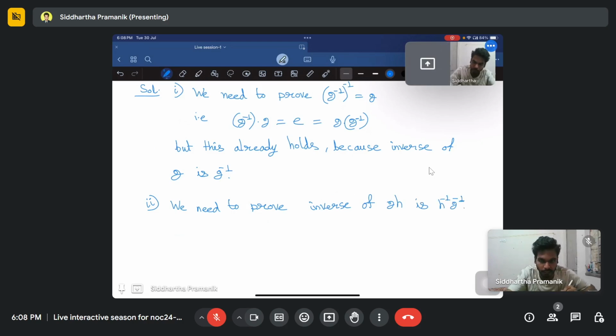So what does that mean? It means if we multiply gh by this element from both sides, we should get the identity element of G. Okay, so let's verify that.